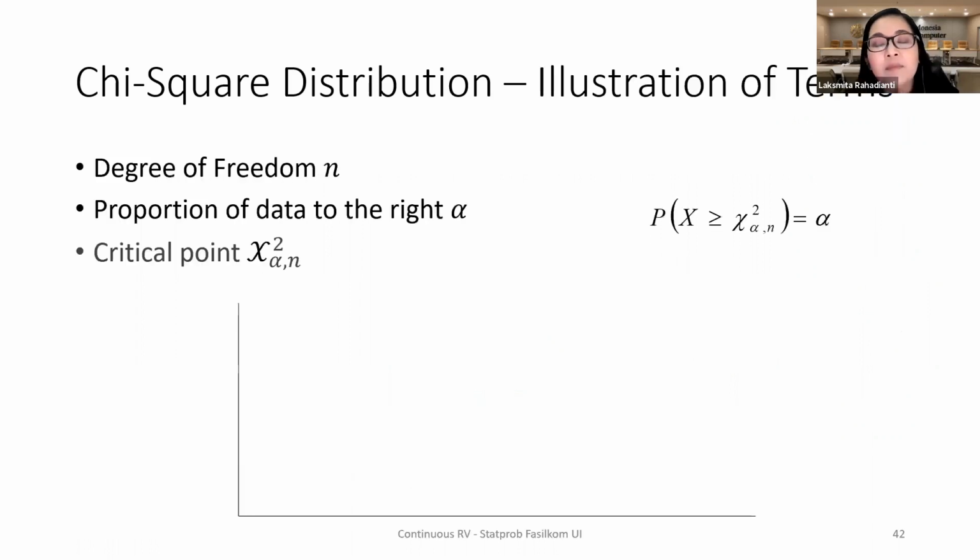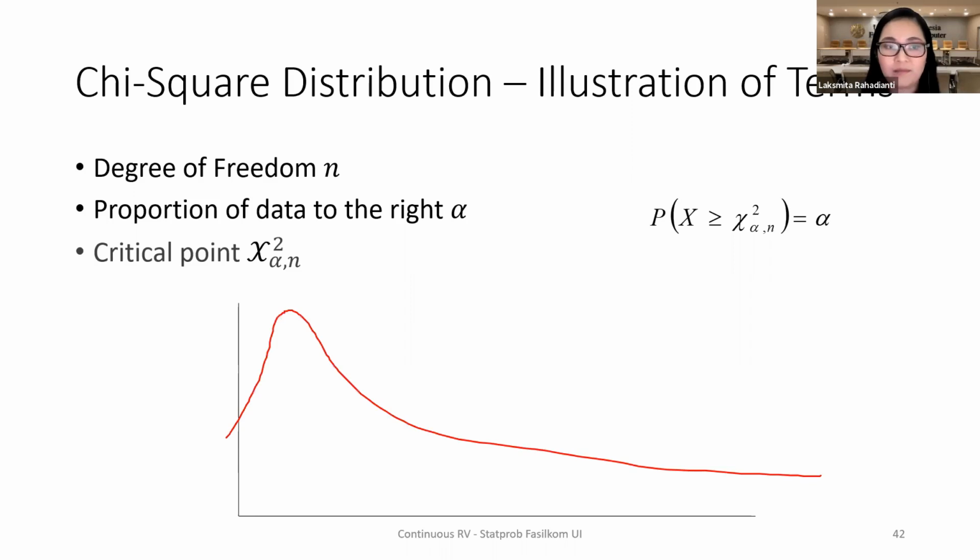So the basic points that I would like you to take away from the chi-square distribution are, first of all, based on the degree of freedom, how many standard normal variables are involved. The first thing is that this degrees of freedom will determine the shape and the skewness of the graph. For example, if the degree of freedom is 8, let's change it to 10, and I know that if it's 10, the shape is something like that.